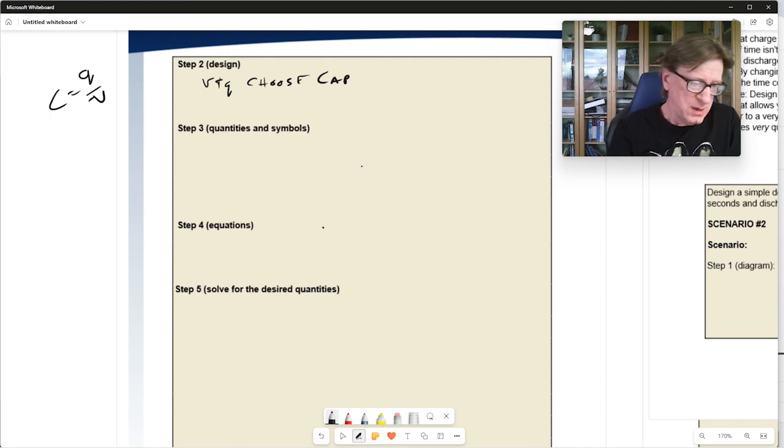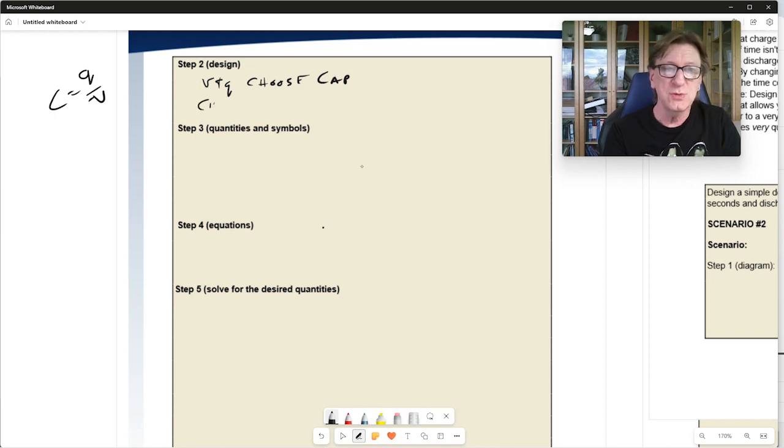It has to. All right, once the capacitor is known, then I'm going to use the time constant to get what resistor I need. Now, don't forget, in order to get to a full charge, I need 5 times that time constant. Very important. So if I want to charge in 5 seconds, then 5 times my time constant is going to equal 5 seconds. And you're going to see how that works.